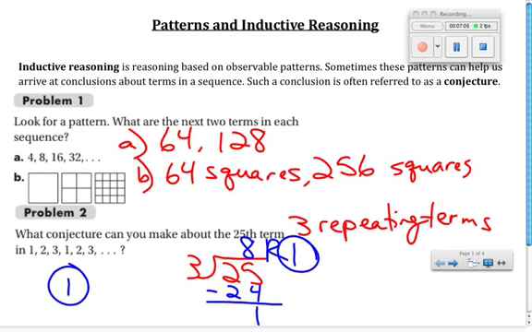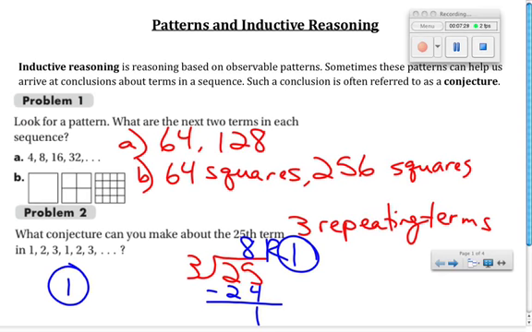Just kind of refreshing your memory a little bit. Okay? Before I move on to problem 3, which is big time, should I do one more example like this one before we move on to something a little bit more complicated? Another example like problem 2?